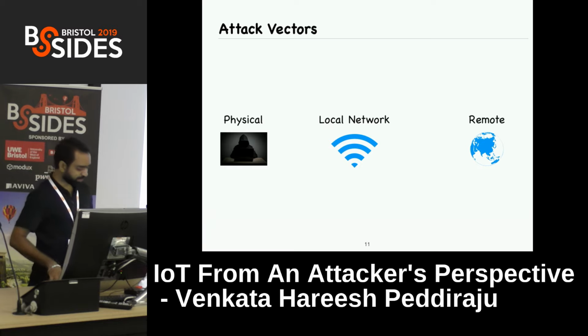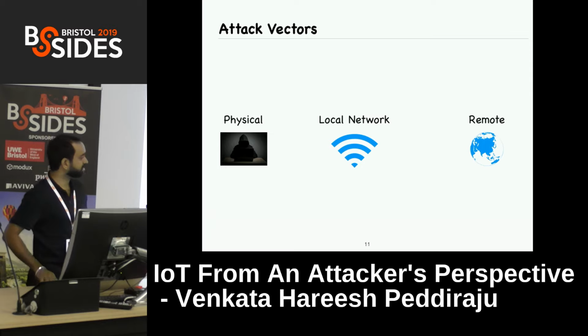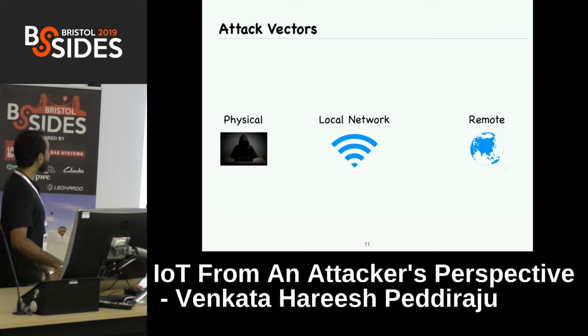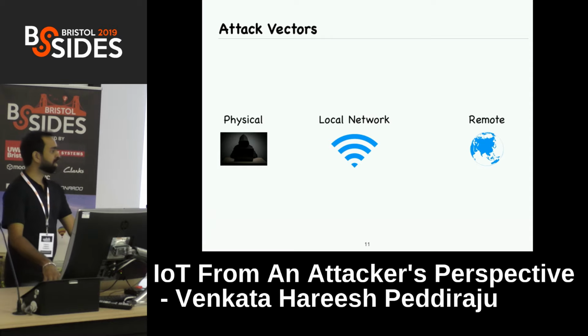So moving on to the attack vectors, there are three attack vectors. Physical is something that gets added on to an IoT solution. A physical attack vector is where an attacker would require physical access to the hardware itself.